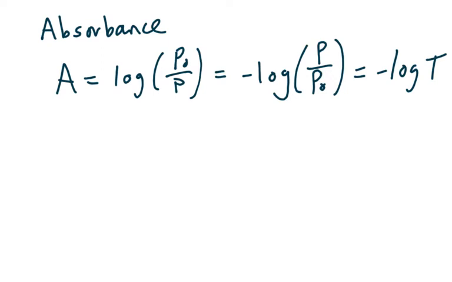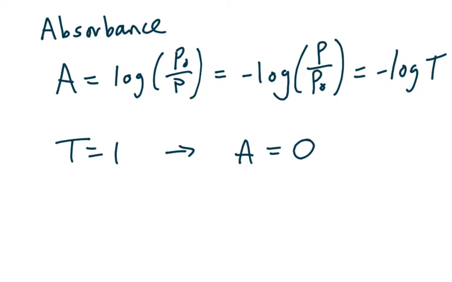So this can range from 0, right? When there's 100% transmittance, then there's 0 absorbance, right?